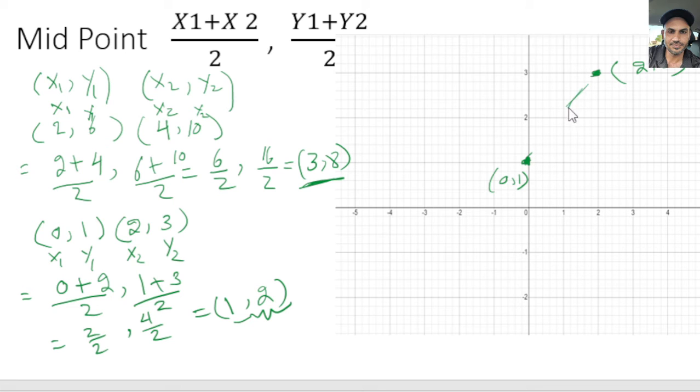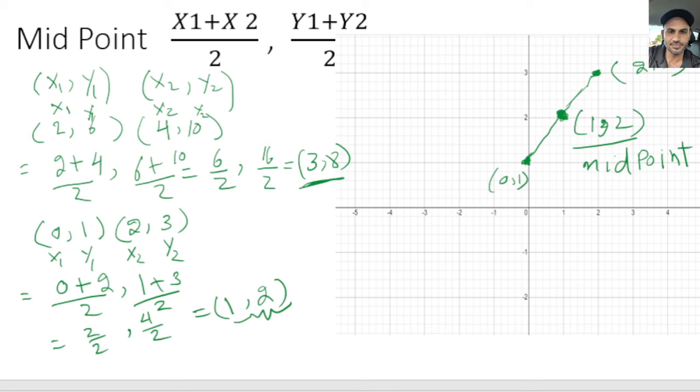If we connect these points, the midpoint is exactly right here, which we just calculated, 1 comma 2. This is the midpoint. Okay, so that's how we see it on the coordinate plane. All right, so that's how we calculate the midpoints between 2 points.